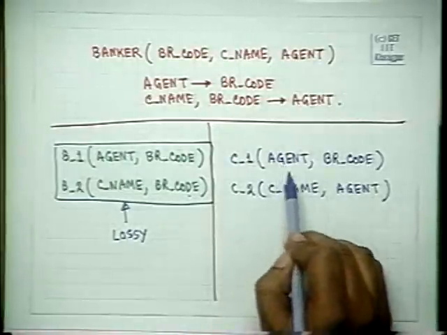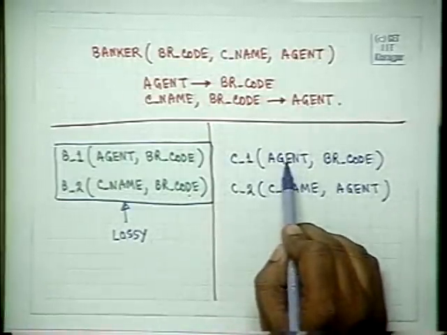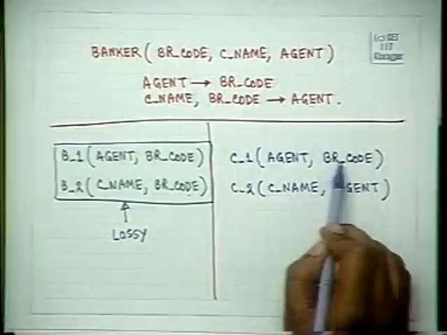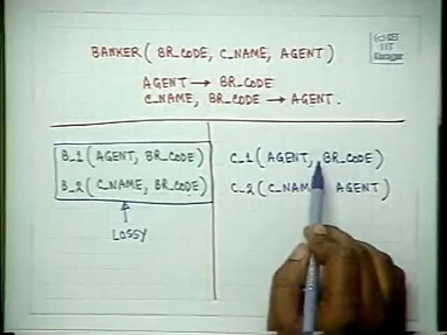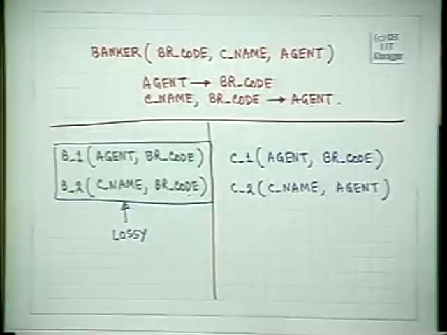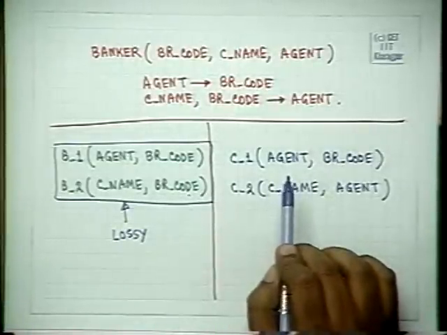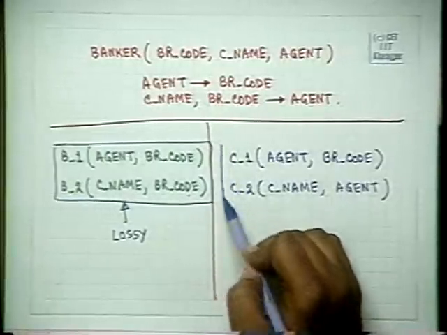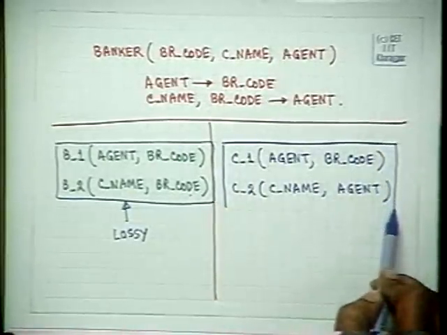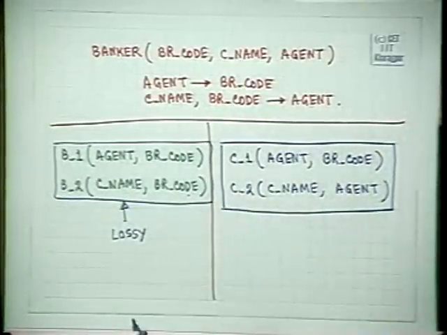But for this agent and this branch code, since this is a primary key, if you do a natural join, you are going to get back the original relationship. Just please think over this. This is not a very simple example, but this example highlights whatever we are trying to say till now regarding lossless join.